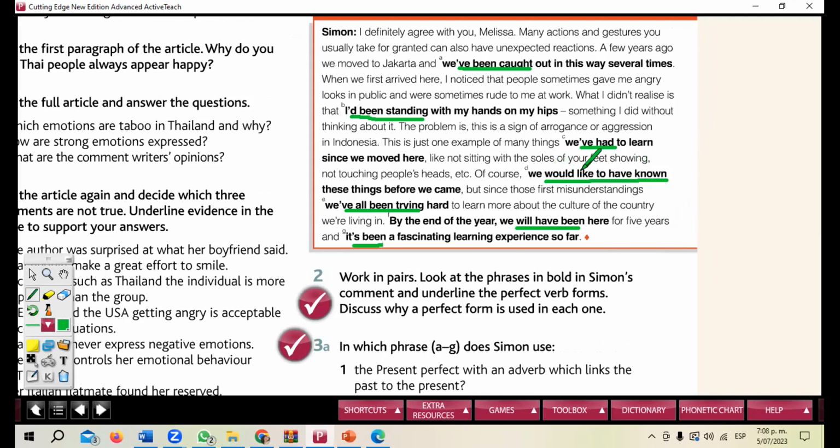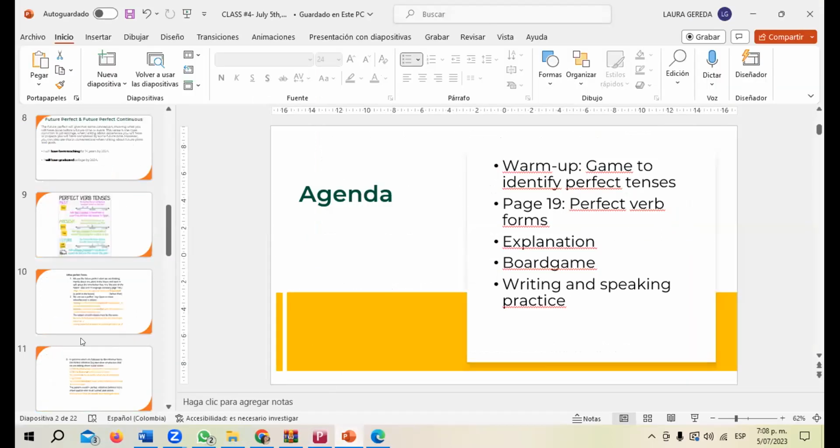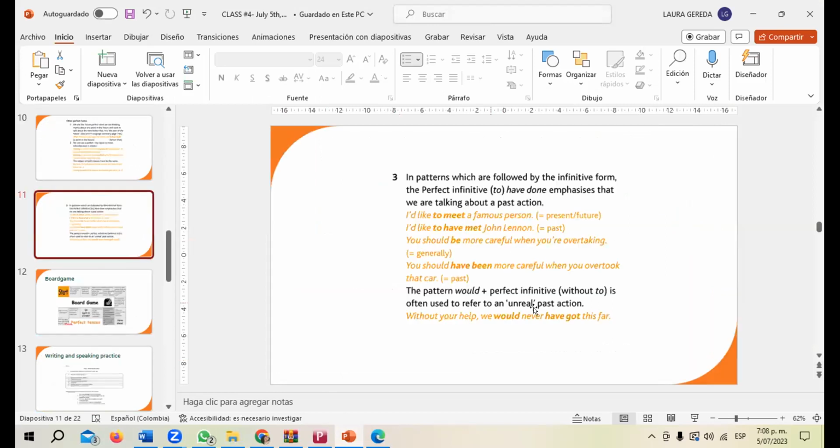We would like to have known. This is the perfect infinitive as we saw in the book. For example, here, I would like to have met. This is a perfect infinitive, okay? I would like to have done this.